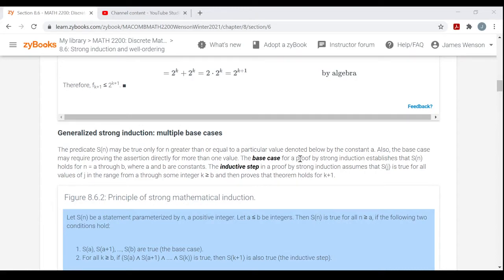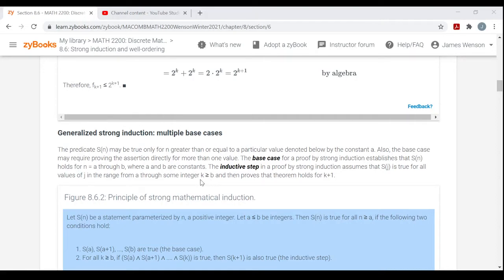The base case for a proof by strong induction establishes that S of n, the statement, is true for n equals a through n equals b, where a and b are some integers, right? Some constants. The inductive step then assumes that S of j is true for all values of j in the range of a through some integer k, which is greater than or equal to the last base case b.